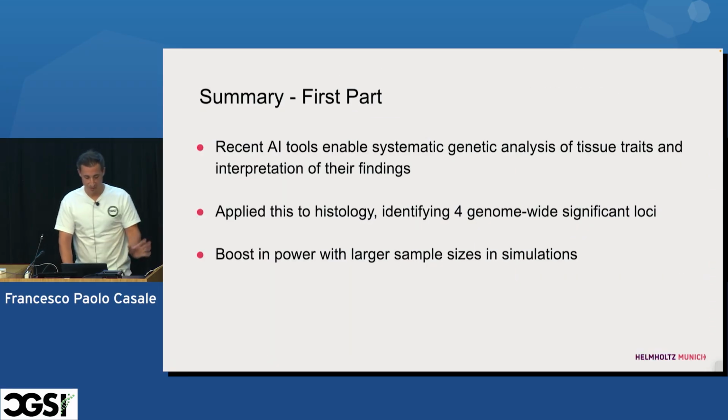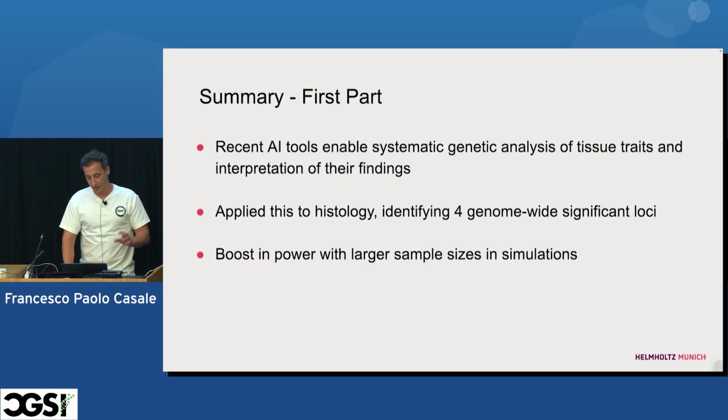Yeah, so this concludes the first part of my talk. I told you about how recent AI methodologies for representation learning and generating medical images can help perform genetic analysis of medical images and also interpret their findings. I showed an application to histology where we identified 4 genome-wide loci and spent a bit of time on one example of these.